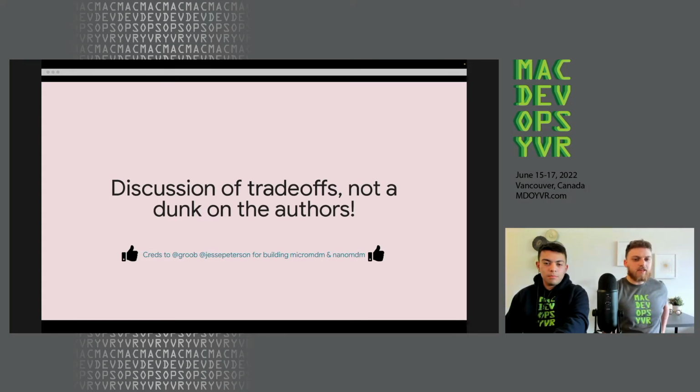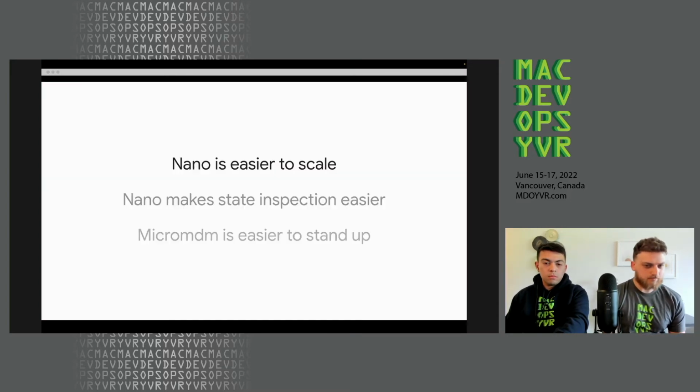I really can't thank Gaurav and Jesse enough for building micro MDM and Nano MDM. This adventure and project and largely my career at Airbnb wouldn't have been possible without these tools. But these are some of the reasons why you might choose Nano MDM over micro MDM.